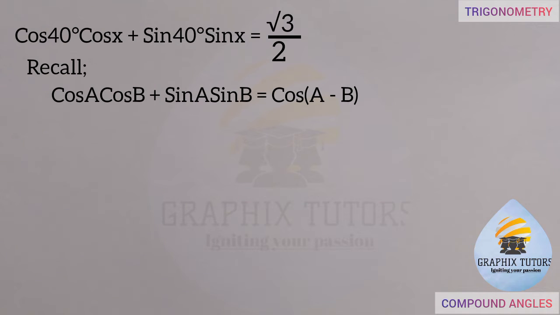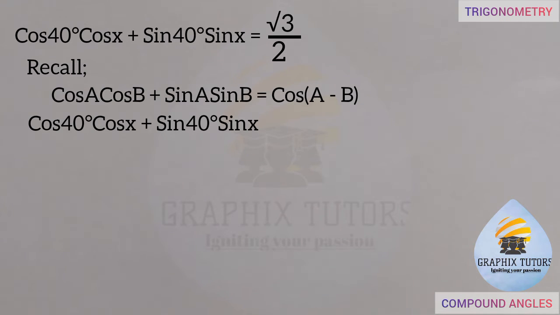So I'll be having cos 40° cos x + sin 40° sin x = cos(40 − x). That is cos(40 − x) = √3/2. So this is what we're having here. When you compare, this is what we are going to be having.